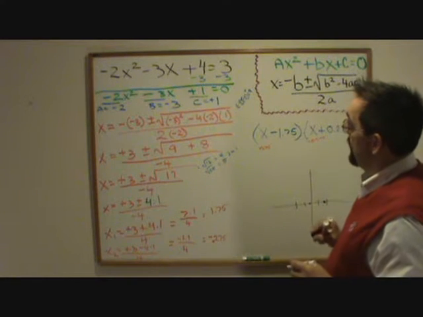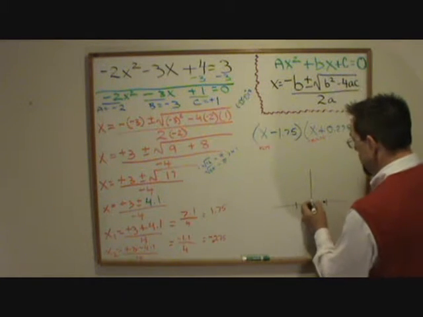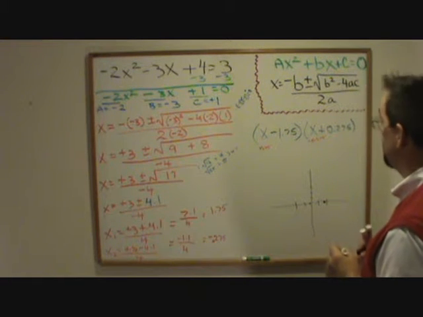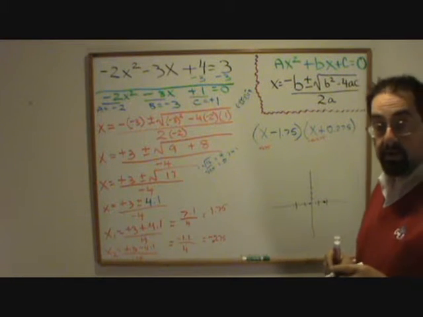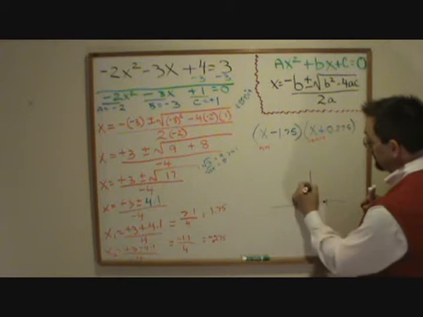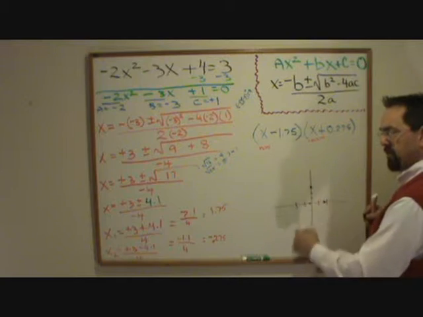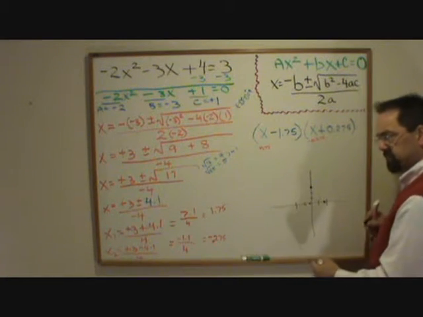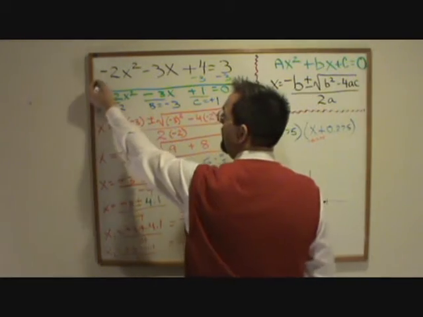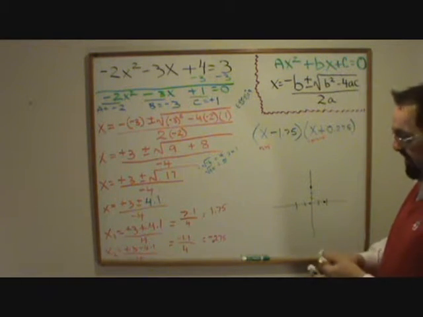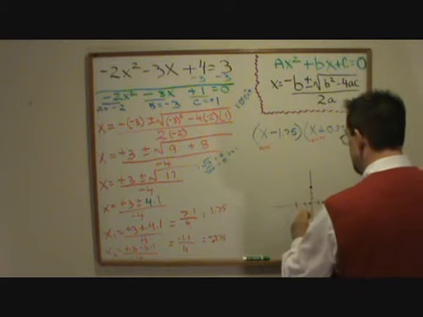What's our y-intercept? 3. 1, 2, 3. Wow, this is quite the shape, isn't it? So now we have 3 points and we need to connect them. My initial thought is some sort of a frowny face, and that makes sense. Minus x squared is a frowny face. So our final shape is going to be something like this.